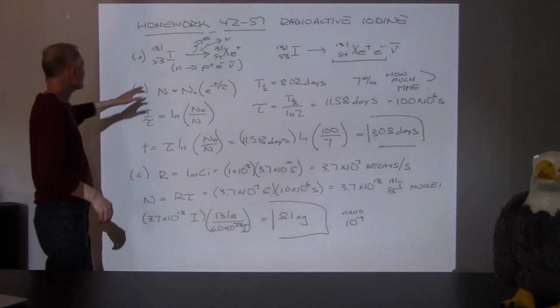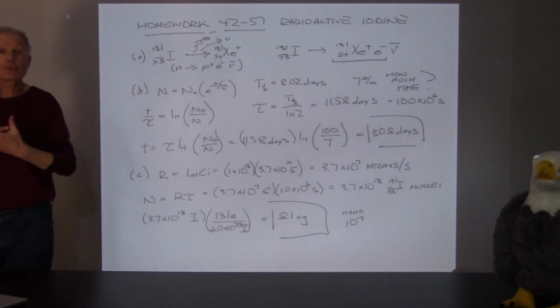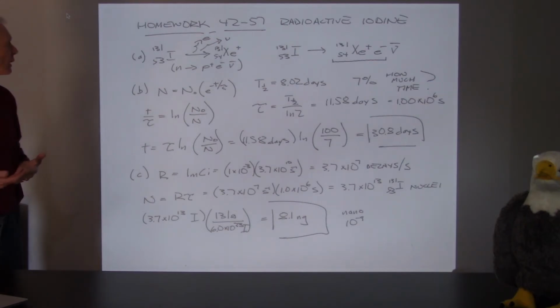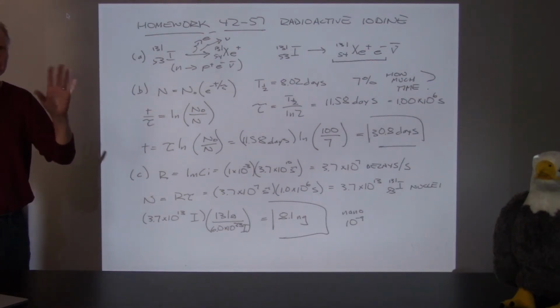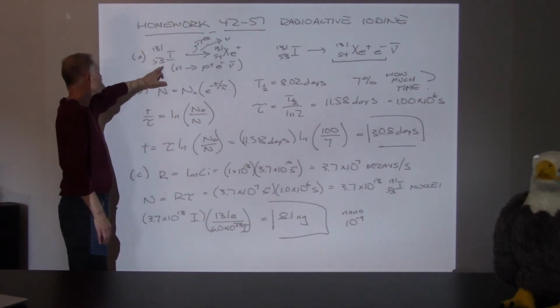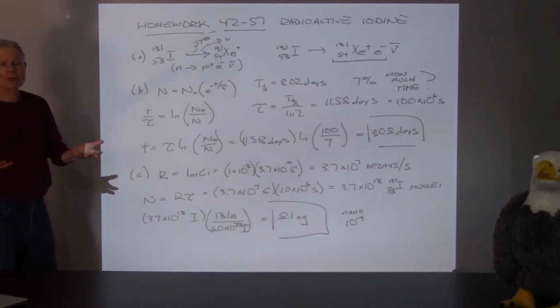Now the problem with absorbing iodine-131 is it gets concentrated in the thyroid gland. If you somehow ingest some of this iodine-131 and it dissolves in your fluids and circulates, it's going to get snatched out of the bloodstream and end up in your thyroid gland.